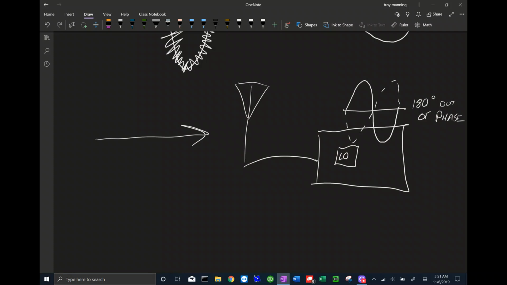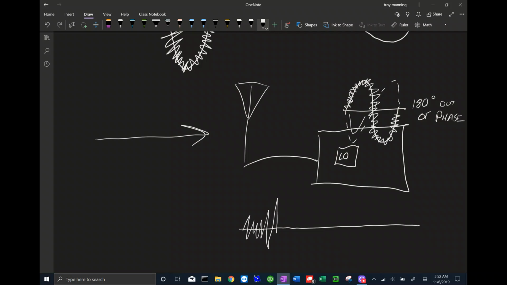I don't know exactly how to explain it, but basically, if we make this anti-wave, what we end up with is a straight line, and remember, we have this audio information encoded on there, right? So once we cancel it out, all we're left with is the audio, and that's what your radio plays back to your ears as sound.